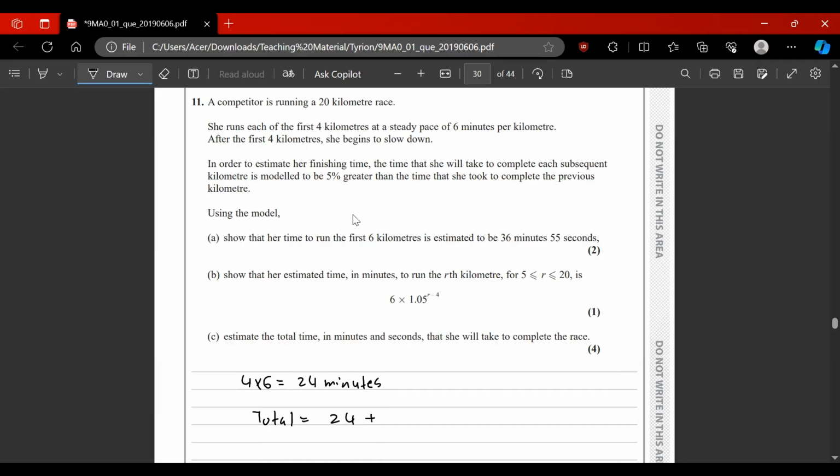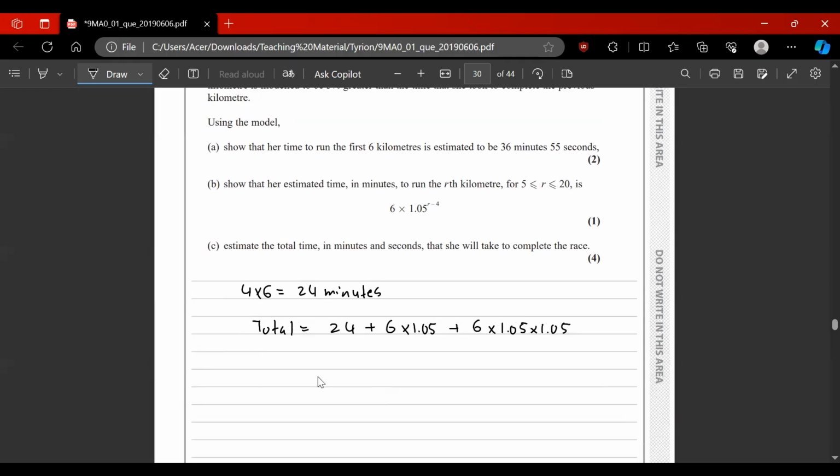run, it says that the time taken for each of the subsequent laps is 5% greater. So that means that if she takes 6 minutes for the previous one, it'll be 1.05 times greater. Likewise, for the next run, it will be 6 times 1.05 times 1.05.